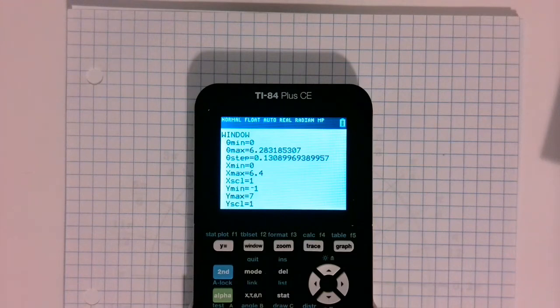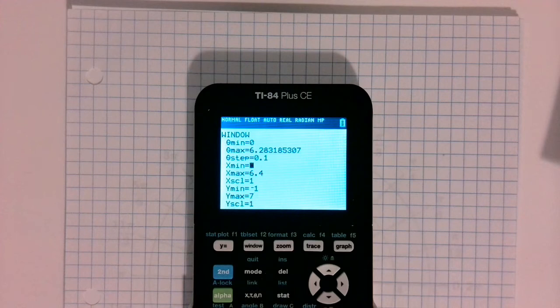All right. Don't worry about your theta step, although you do want it to be a small value. So you know what, let's go ahead and take care of that. Let's do 0.1. You want it to be a small value because basically our graph is going to plug in theta in increments of 0.1. So that's a lot of angles. And we're going to get a very exact, well, pretty exact look at what this graph looks like.